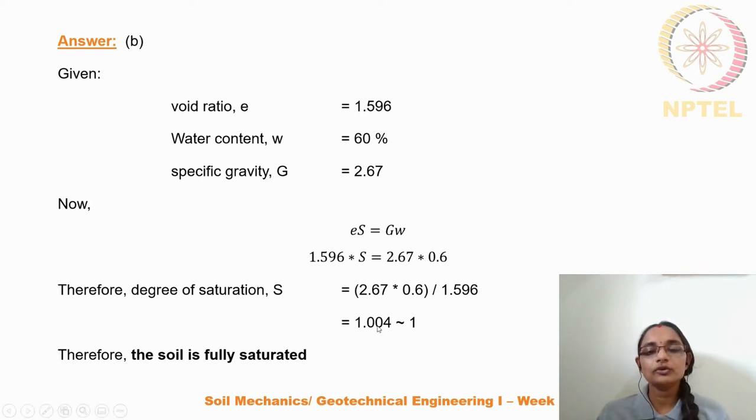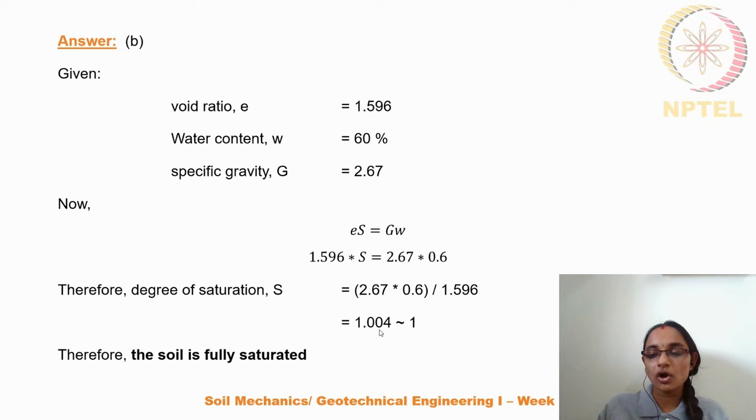So at least some of you might have thought it is greater than 1, like what is 1.004. So it is a bit greater than 1. Then why not oversaturated? So when it comes to soil mass, depending upon the degree of saturation, we term it as partially saturated and fully saturated, depending upon whether the voids have air or not.